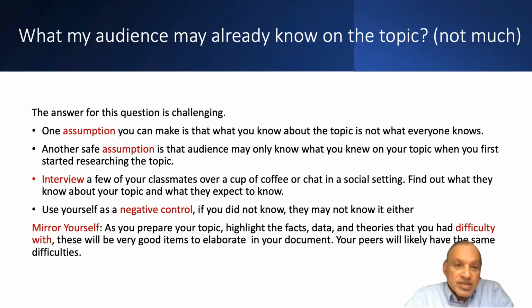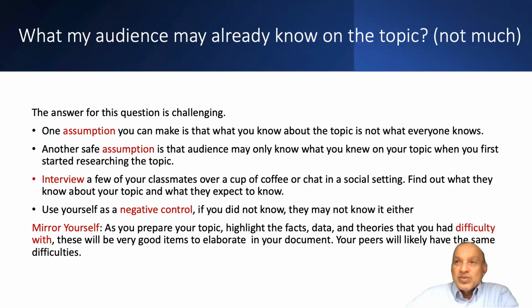You can make another safe assumption, and these are really your safeguards. Another assumption is that whatever you knew in the beginning, when you started researching the topic, is the only thing that other people also know. So remember what you knew about this topic before you started working on it.